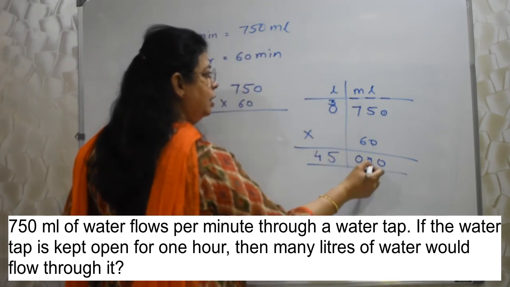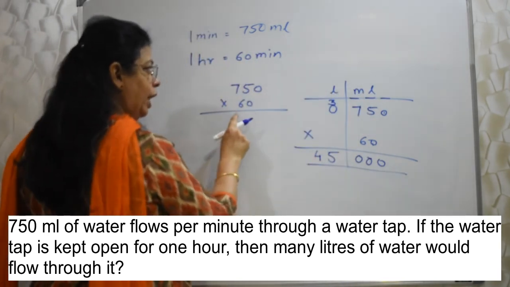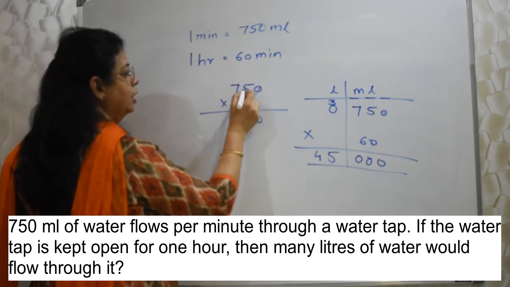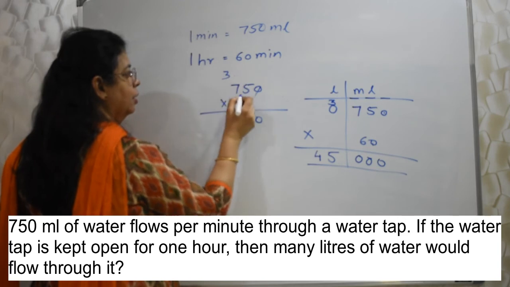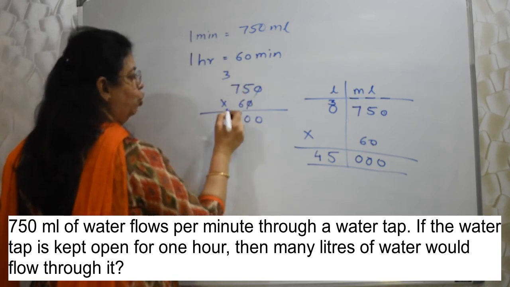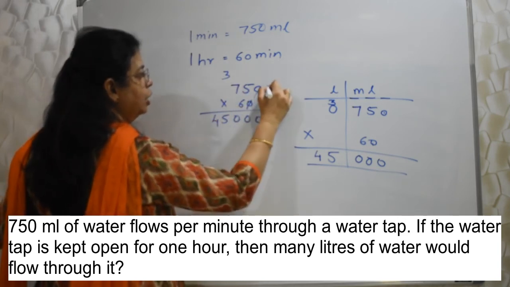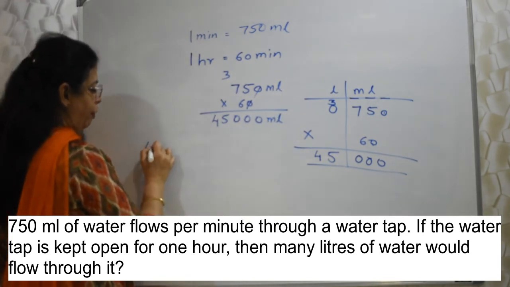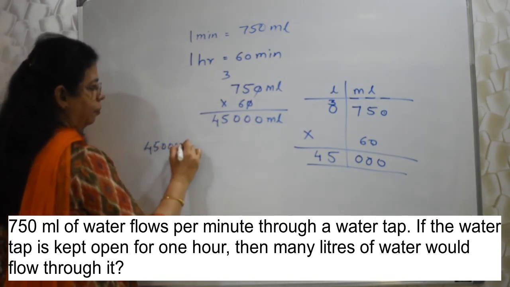45 liters, 0 ml. You can do it like this also. 2 zeros here. 6 5s are 30. 6 7s are 42 plus 3, 45. This was ml. So obviously this is also ml. 45,000 ml.